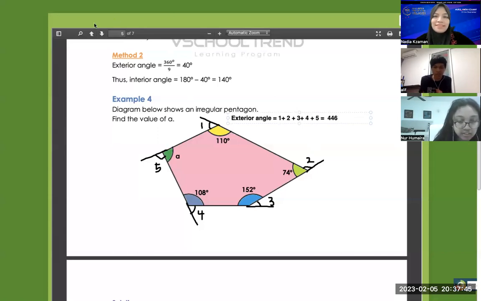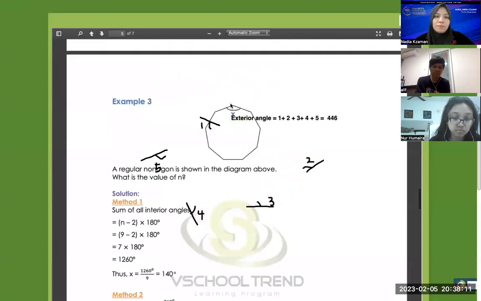Okay, let's see. 360 divided by 5. Why do you divide by 5? Because there are 5 sides. That is good, but this is an irregular pentagon. Remember the rule just now?